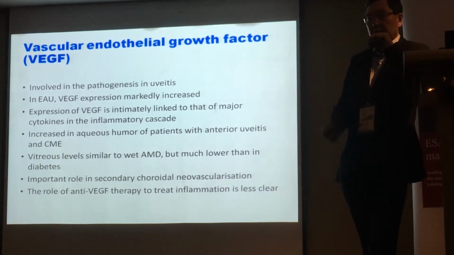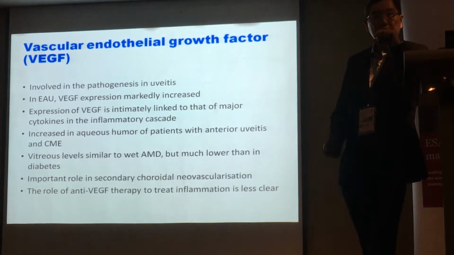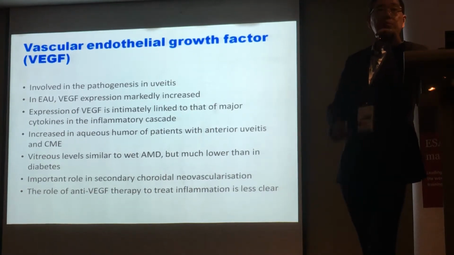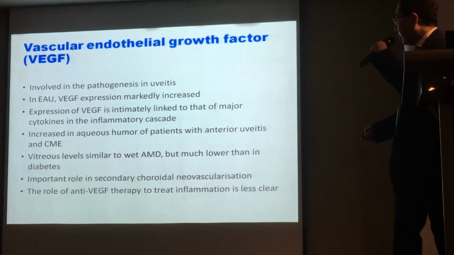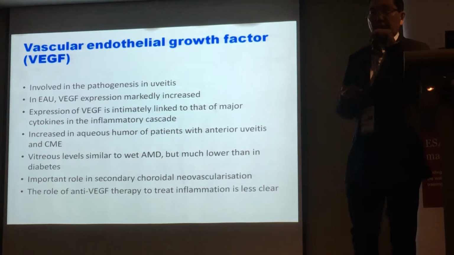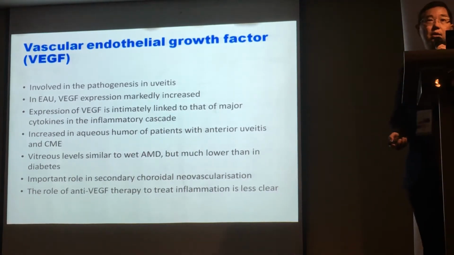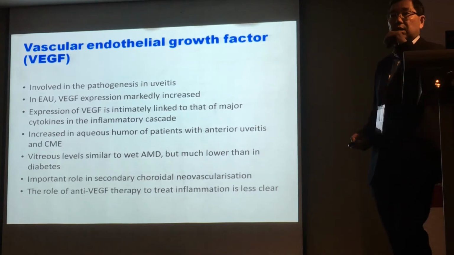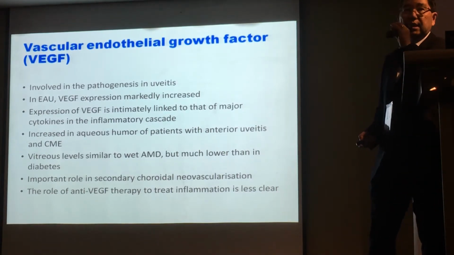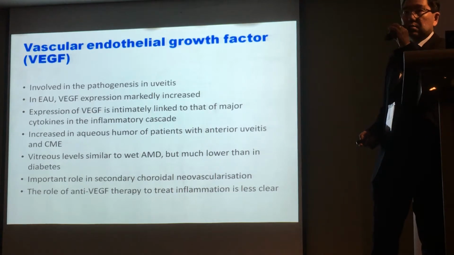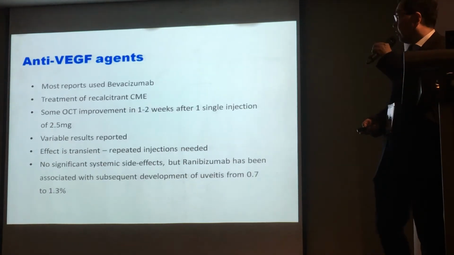So VEGF is not just for retinal vascular disease, it can be found as one of the promoters of cystoid macular edema in inflammatory conditions. Okay? And that's why people started to use anti-VEGF agents. Interestingly, vitreous levels are similar to those found in wet AMD, but lower than diabetic retinopathy and diabetic macular edema. So there is some biologic rationale for using anti-VEGF agents.